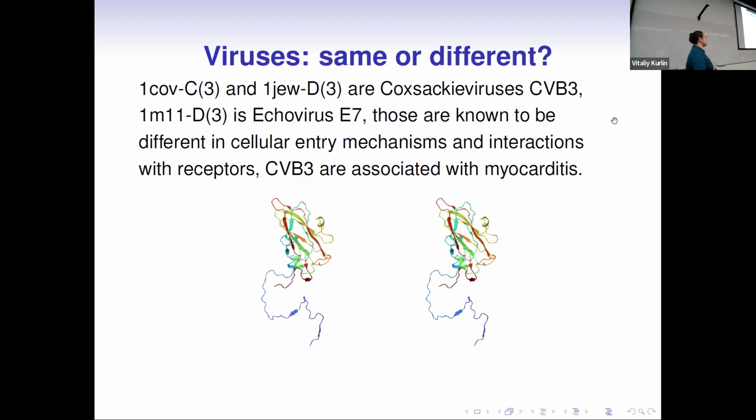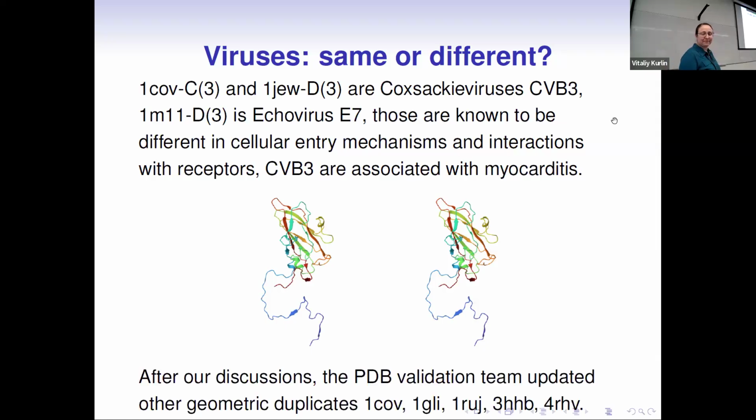Well, those are picturesque representations of 2 of them. Do you think they're the same or different? Yeah, they look the same, and indeed they are the same even when applying coordinate by coordinate comparison. Well, there are 2, not 3 of them. Why?